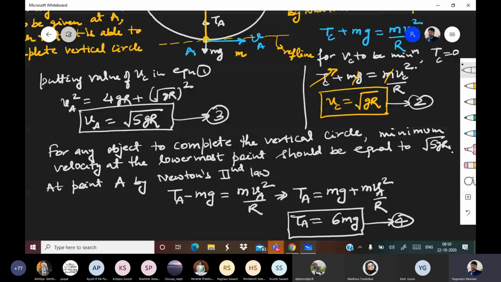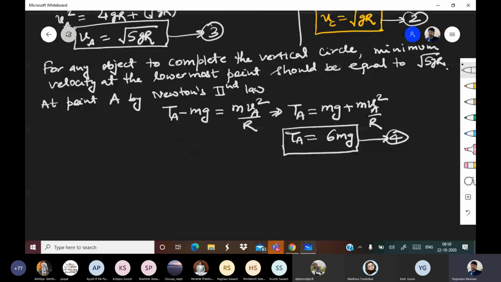Okay, everyone, let me solve. Enough time has been given. MEC between A and B. By MEC, you need to refer to your own diagram.